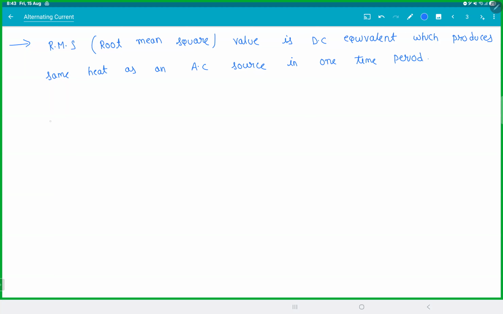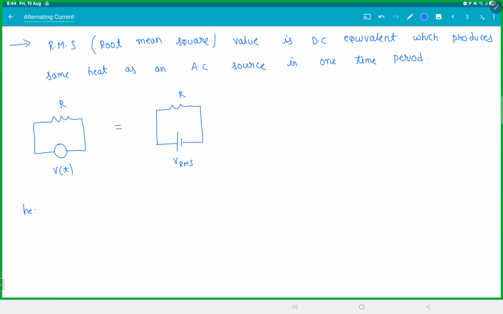That means, let's say if you have a resistor R, and we have a voltage which is changing with time periodically. Now you are saying, I want to replace this time varying voltage with a constant DC source. And I like to call it VRMS. And you're saying in one time period, the heat is same. So what is the heat produced in a resistor?